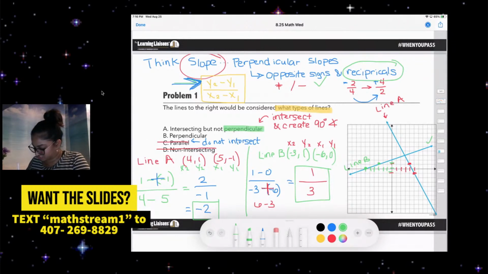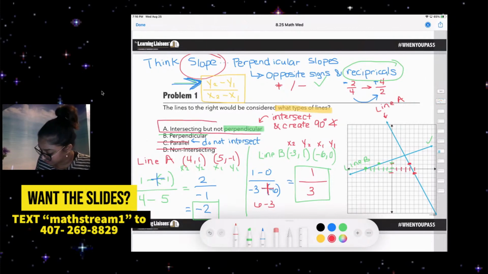Negative 2 would have to be 1/2, but the other slope isn't 1/2, it's 1/3. So they can't be perpendicular, which means it must be intersecting but not perpendicular. That is our final answer.